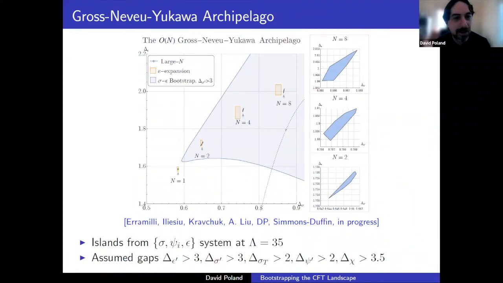Oh, sorry, before I get there, you can also make this kind of plot in the delta sigma and delta epsilon plane. So you can see what the bootstrap islands look like in this plane. And in particular, you can see that now there's quite good agreement between the bootstrap calculations of delta epsilon and estimates from the large N expansion.